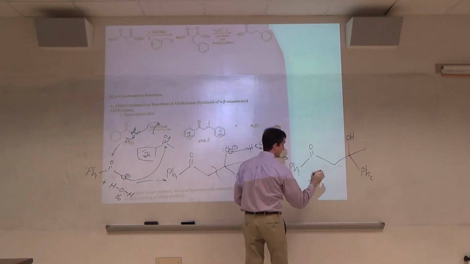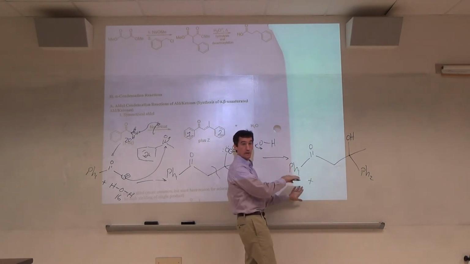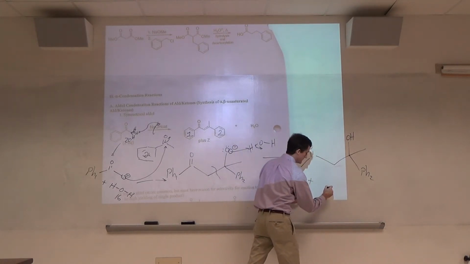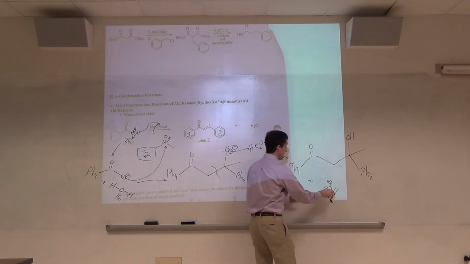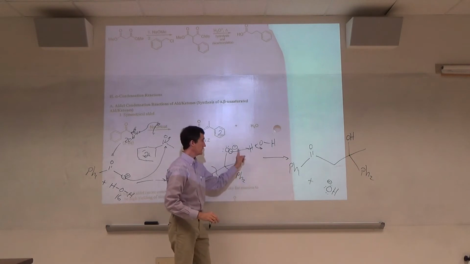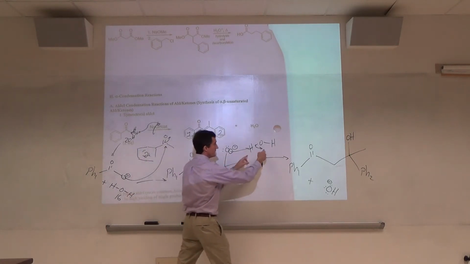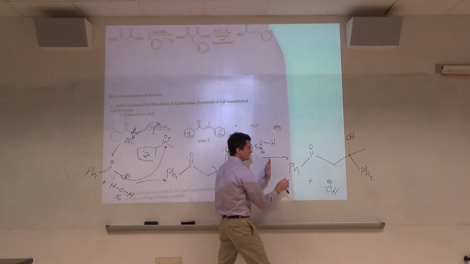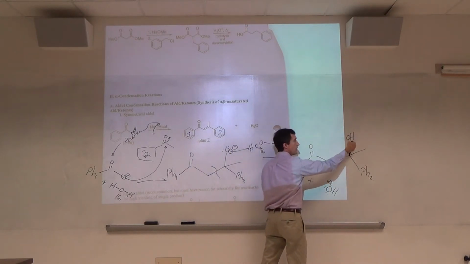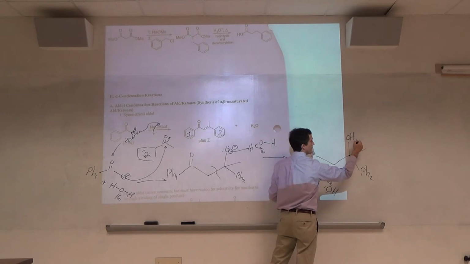that there plus what? Importantly, what do we make here? Plus hydroxide. Now we reform hydroxide when we took an H from water. Is this favored? Well, what's the pKa of water? 16. What's the pKa of the acid over here? Alcohol. What's its pKa? 16.